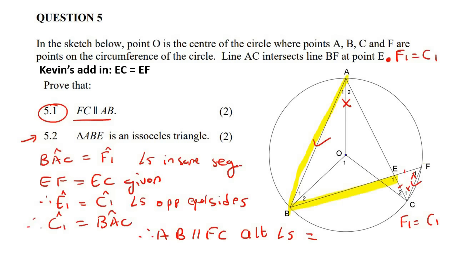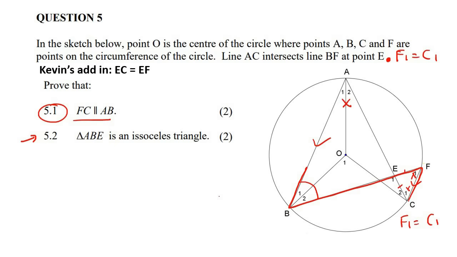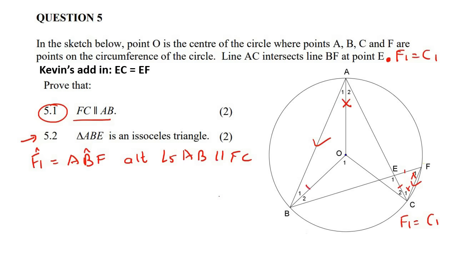Well, that's pretty straightforward, because we know that these two lines are parallel, so there's another alternating angle. So that means that this whole angle here is X. So we can say that angle F1 is equal to angle ABF, and that's just because of alternating angles, because the line AB is parallel to FC. So this whole angle here then is X.